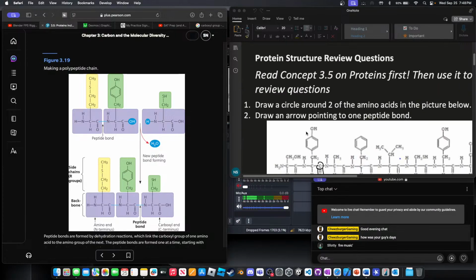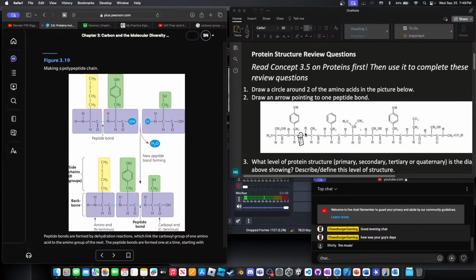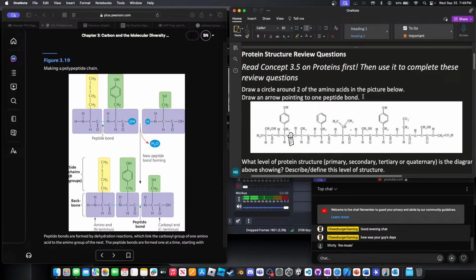Just make sure you guys can see that. Two of the amino acids shown in the picture below, arrow pointed to one peptide bond. Okay, so the OH seems to always bond to a nitrogen here. So I'm going to assume, okay, I think this is one right here. This is one peptide bond.